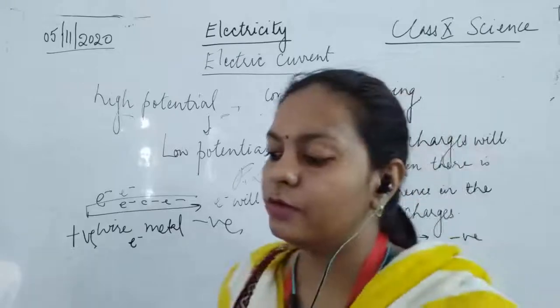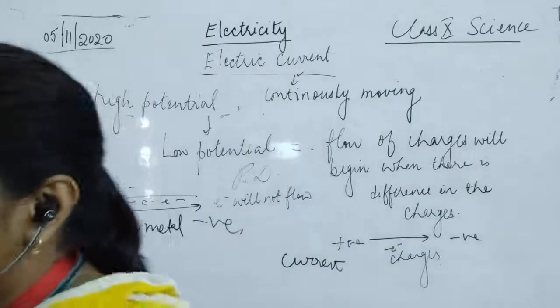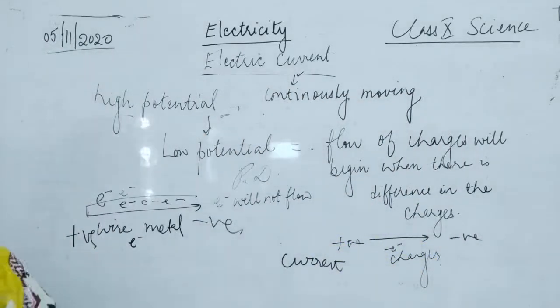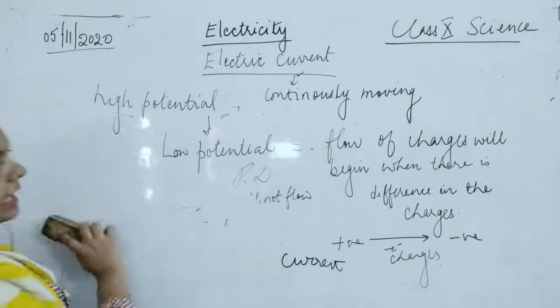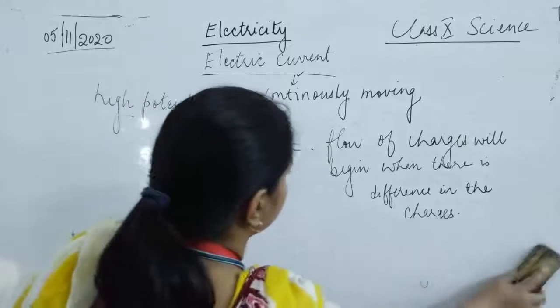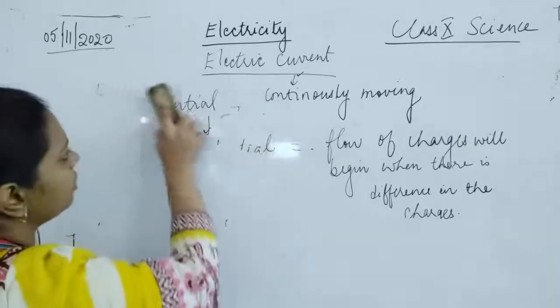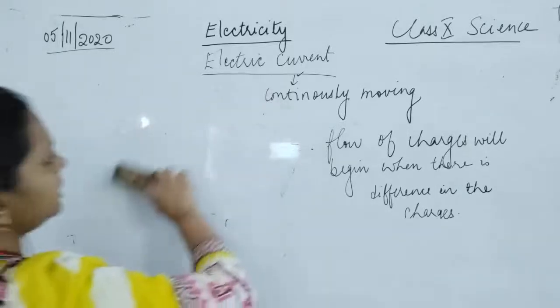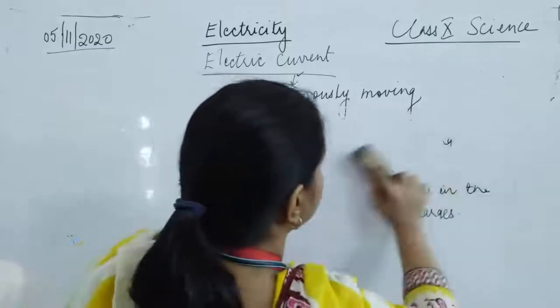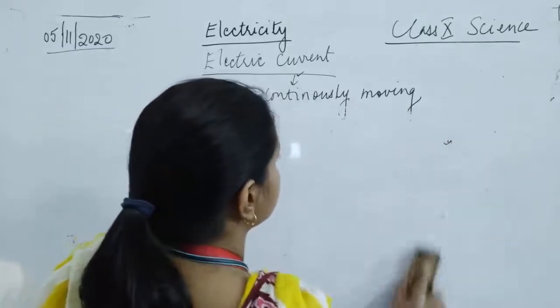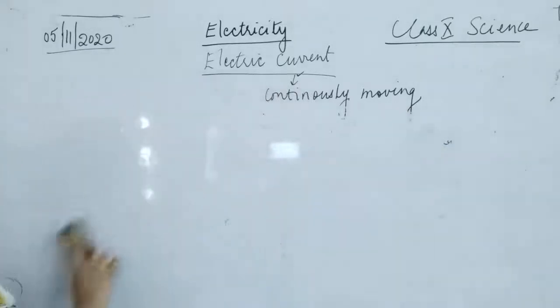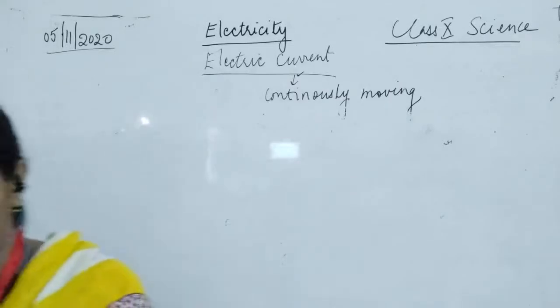Okay, so electron flow always requires two types of potential, that is high potential and the low potential. So potential difference is the root cause of the flow of electric current, and the charges are continuously moving.